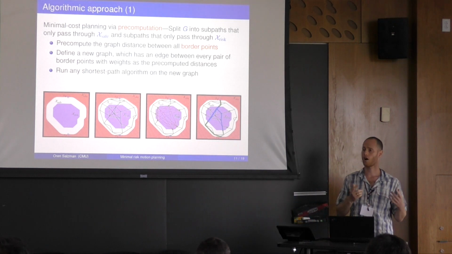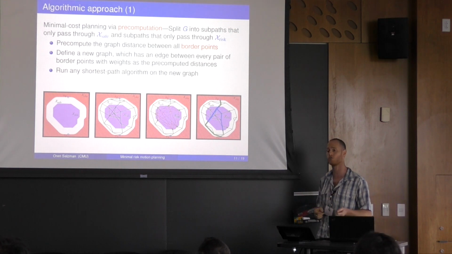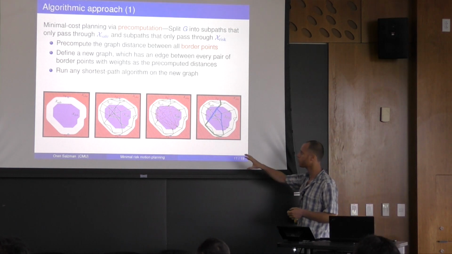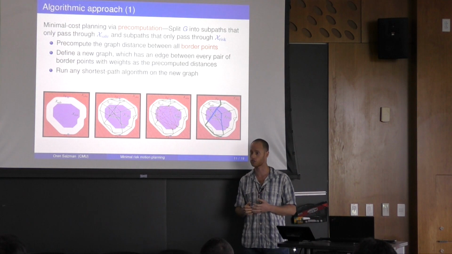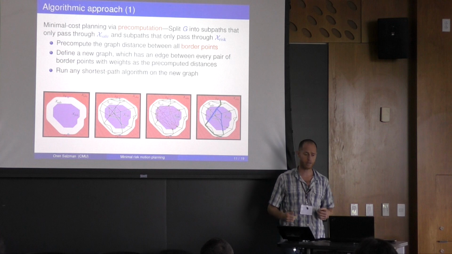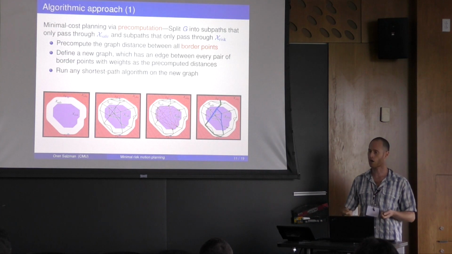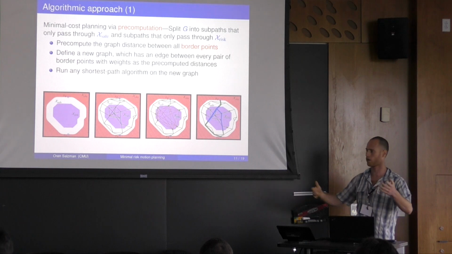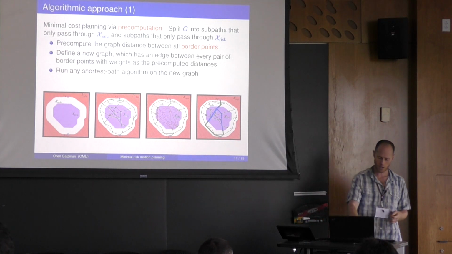Then we compute all pairs of optimal paths between border points. And for this we can use Dijkstra, because within the risk region we do have an optimal structure of these paths. And then we can define a new graph which has an edge between every pair of points according to the pre-computed distance, and run your favorite path planning algorithm, Dijkstra, A*, whatever.